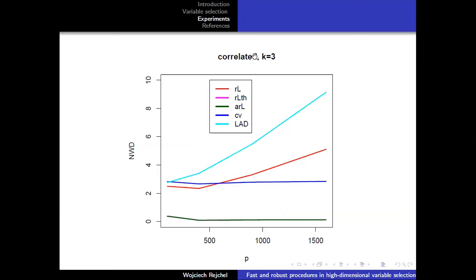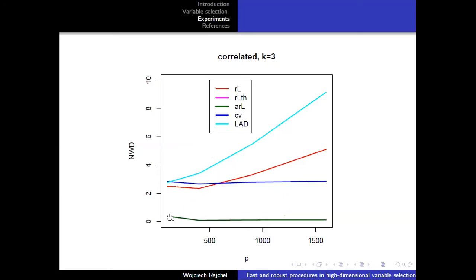If we go to the model where predictors are correlated, then both estimators based on the Lasso penalty, the rank Lasso and Lasso, are not able to find the true model. It is well known, because they are able to find significant predictors, but they make many false discoveries.